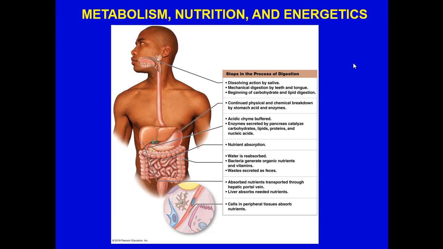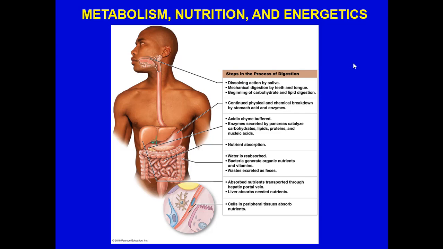This will then get pumped out of the stomach into the duodenum, and then we continue digestion further in the small intestine: the duodenum, then the jejunum, then the ileum. This is where the pancreas will discharge certain enzymes to break down carbohydrates, nucleic acids, lipids, and proteins.